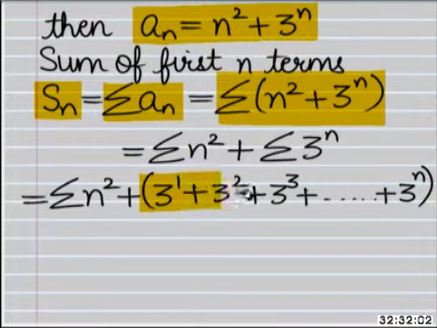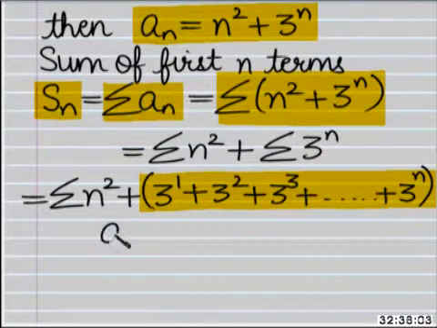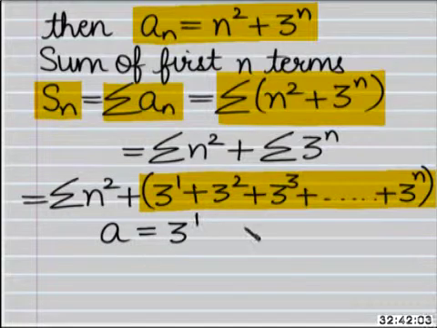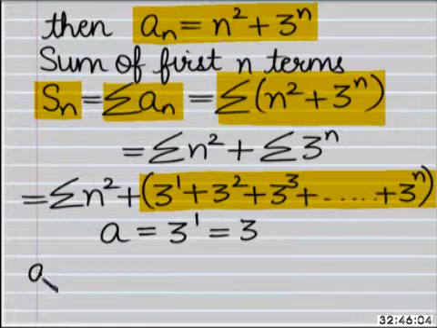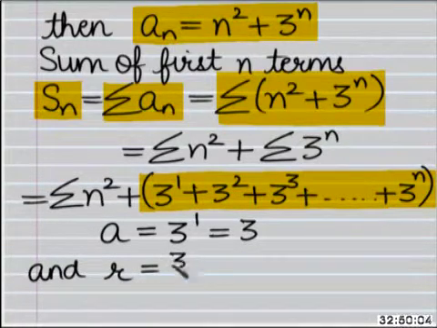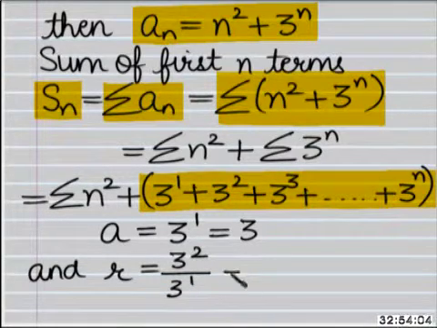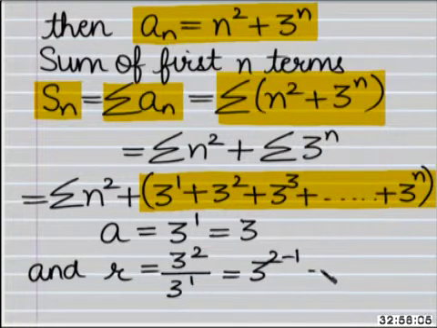Clearly, this series is a GP series. Here, the first term, that is a, is equal to 3 raised to the power 1, which is equal to 3, and common ratio r, which is equal to 3 raised to the power 2 upon 3 raised to the power 1, will be equal to 3 raised to the power 2 minus 1, which is equal to 3.